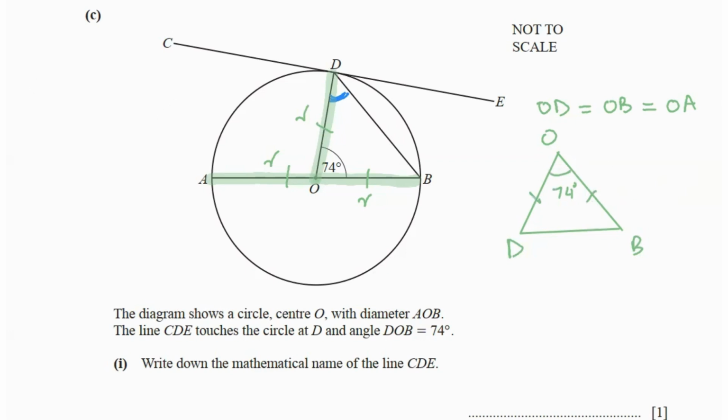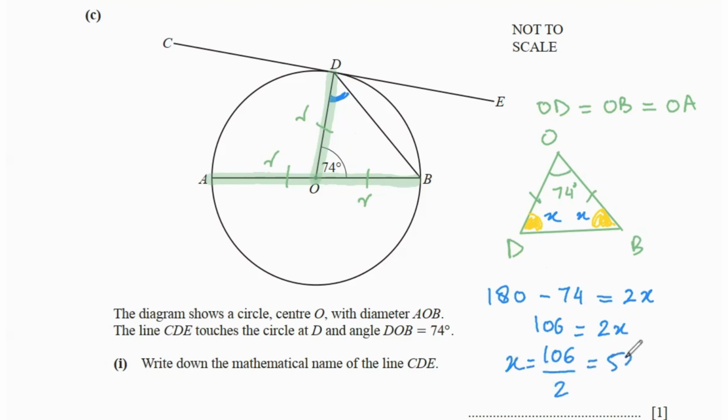So these two angles are going to be equal. We're going to use the sum of angles in a triangle to find the value of ODB. So 180 minus 74 equals 2x. Let's call these x. 180 minus 74 is 106. So 106 divided by 2 is going to give us 53 degrees. That is your angle ODB.